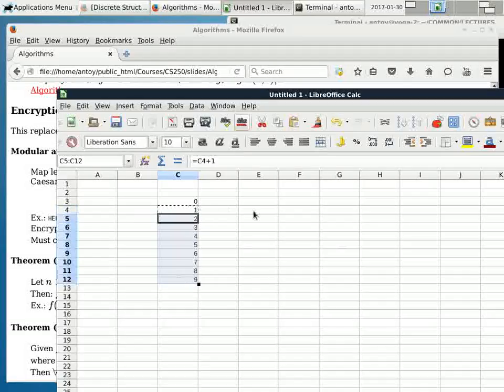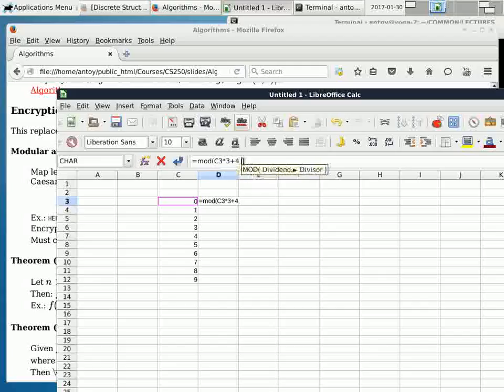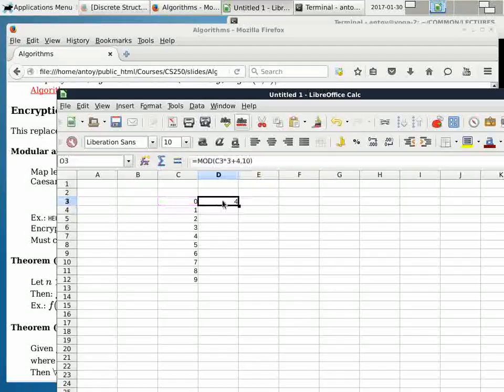Perfect. So here I compute this one times, let's say, 3, plus 4, and I do everything in mod 10. Instead of 26, I make a smaller example, which is a little bit easier to understand.